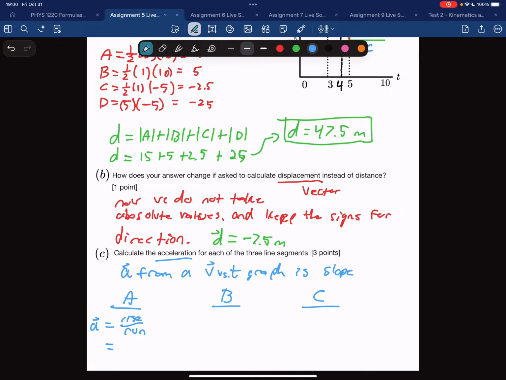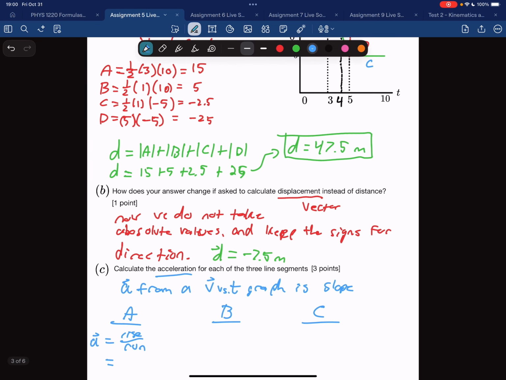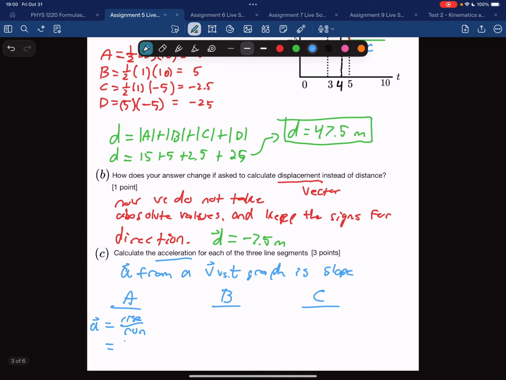And if we go back to the graph, we see that it rises from 0 to 10, and it runs from 0 to 3. So we have a rise of 10, a run of 3, 10 over 3. And we know that acceleration for part A is equal to 3.3 repeated forever meters per second squared. Boom.